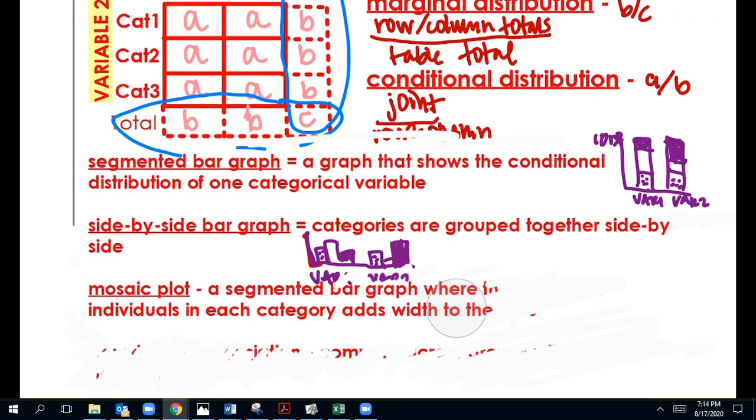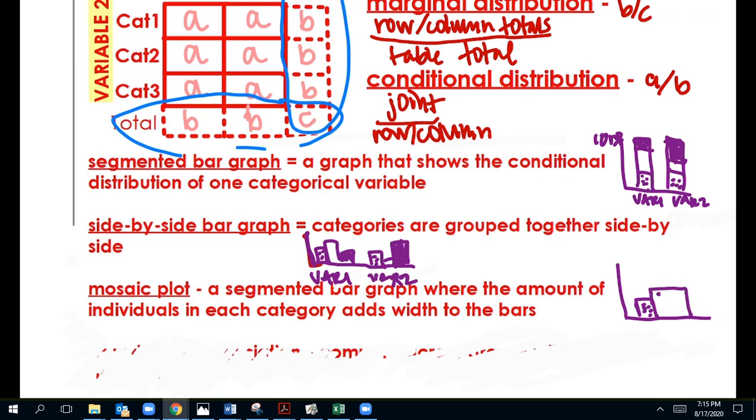The mosaic plot is one that shows you the sample sizes. So make sure you write that definition down: a segmented bar graph where the amount of individuals in each category adds width to the bars. So we would look at that up there. In this case, maybe the first group is smaller and the second group is bigger.